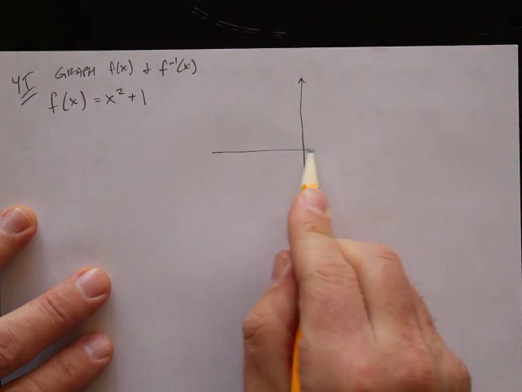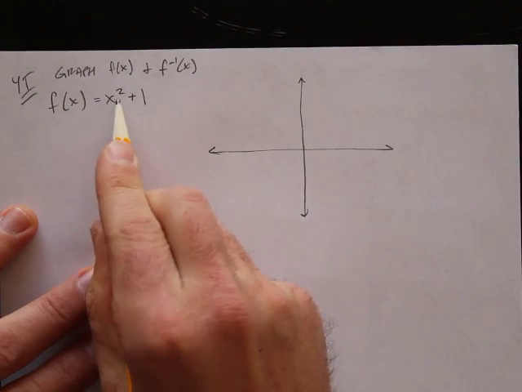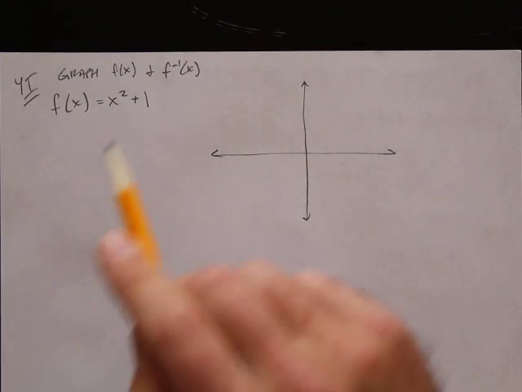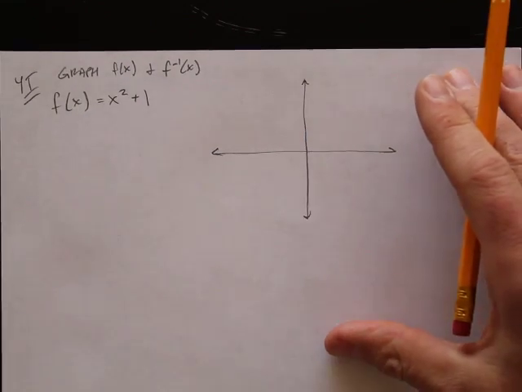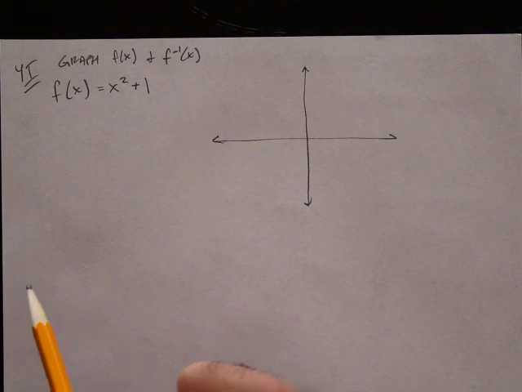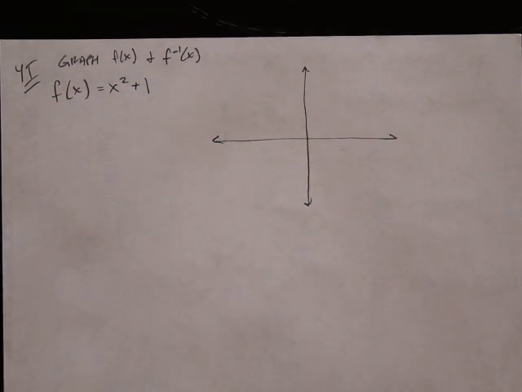So hopefully you remember how to graph a parabola, x squared. We've got a parabola. All right. So go ahead and graph this parabola, and then graph the inverse of this parabola, and we'll check out how you did. All right, go.